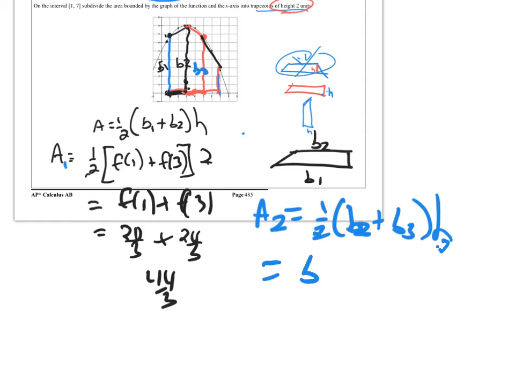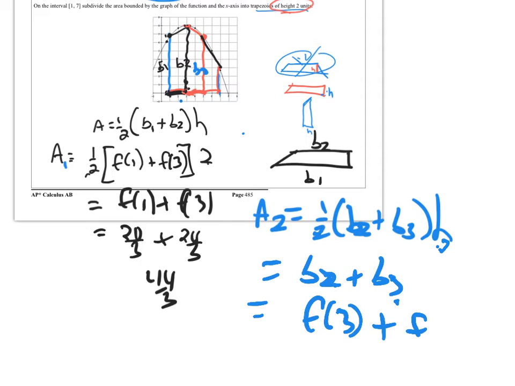And am I still looking at a base 2 plus base 3? Hold on, f of 3 and f of 5. Base 2, base 3, you got me confused. Base 2 is still f of 3, base 3 is f of 5.